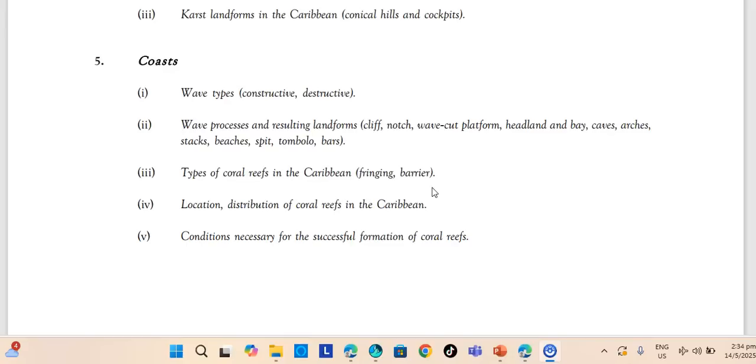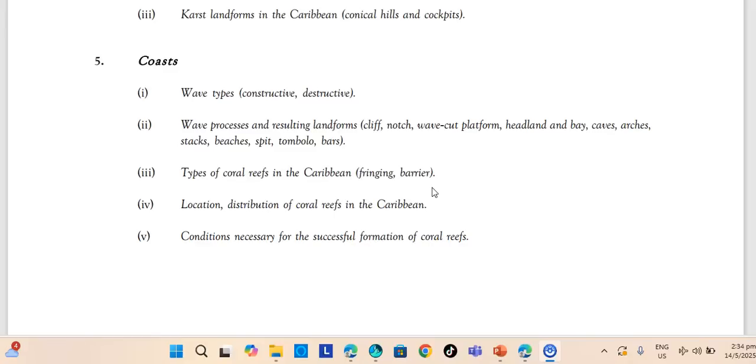Now, what do we mean by location and distribution of coral reefs in the Caribbean? The main location of coral reefs in the Caribbean is Jamaica. If you have been to Negril, Montego Bay, or Port Royal, you will see a lot of coral reefs in those areas.